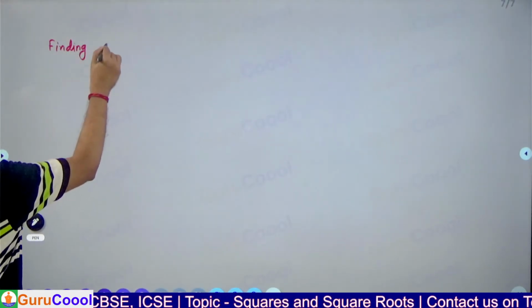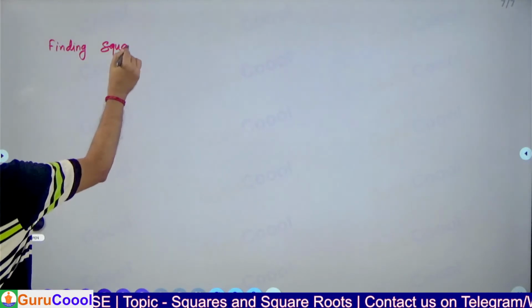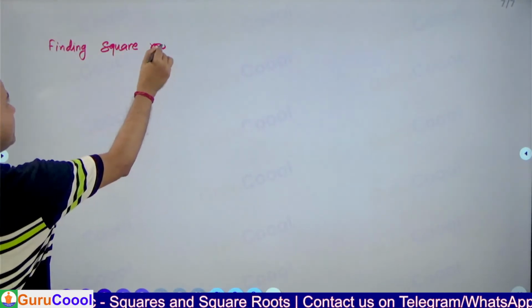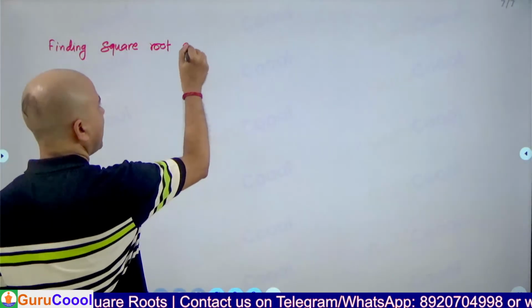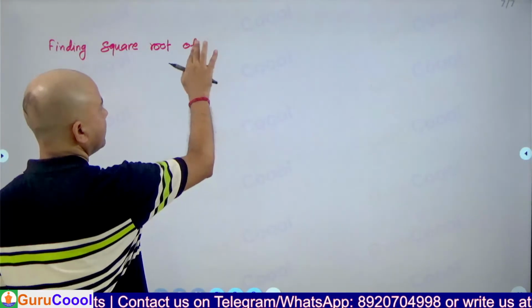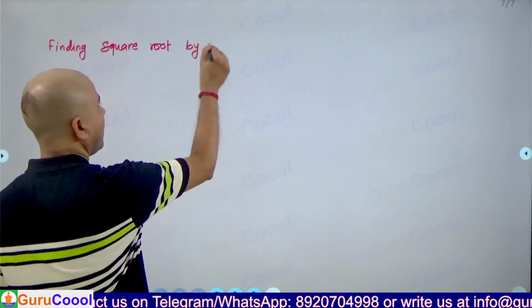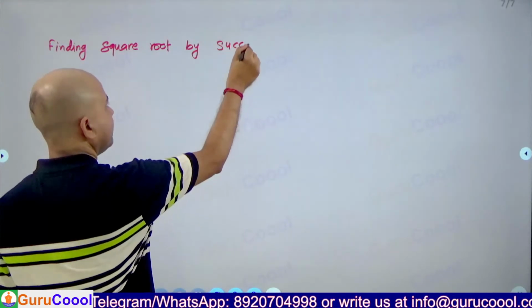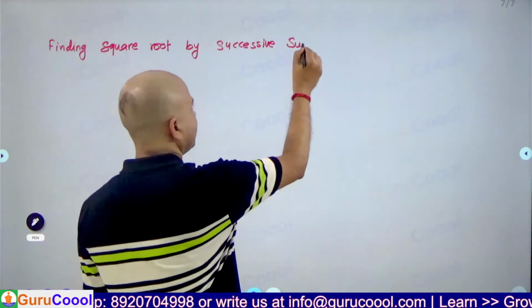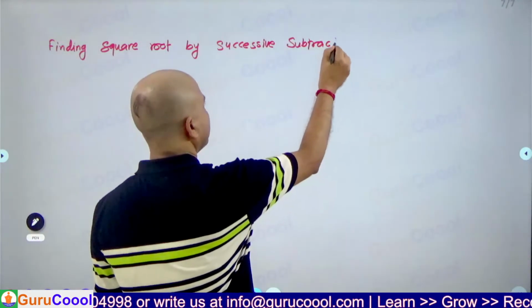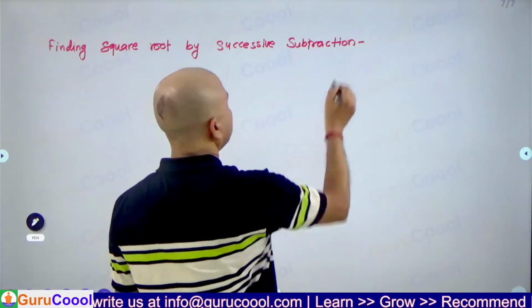Finding square root by successive subtraction. Successive subtraction.